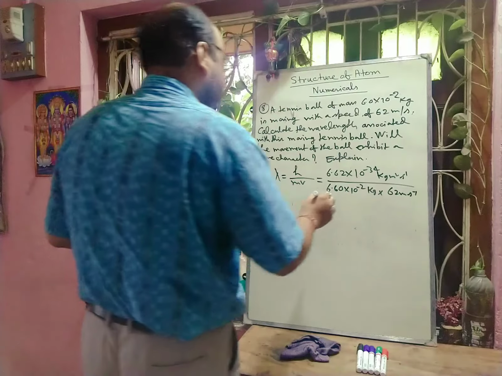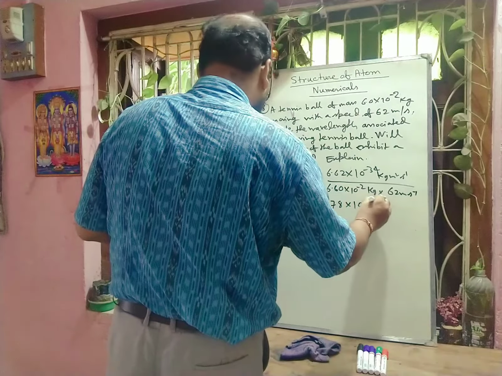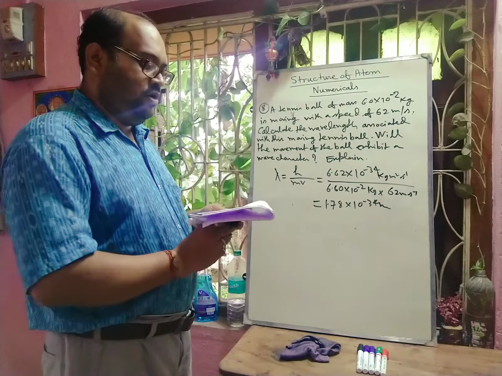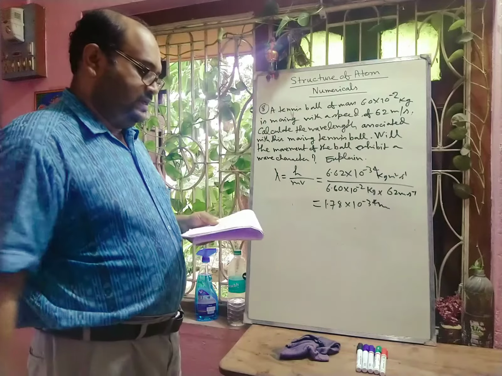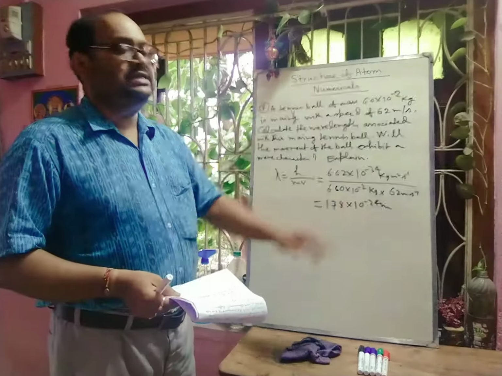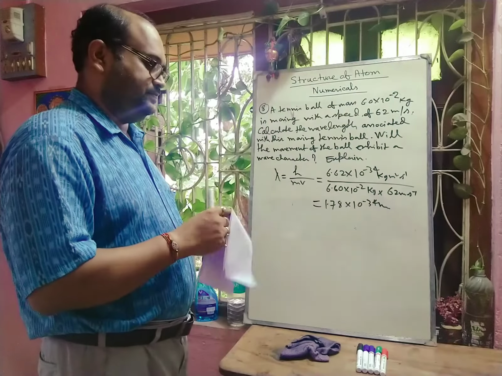If you calculate, you will get 1.78 into 10 to the power minus 34 meter. So the movement of the ball will not exhibit wave character because the wavelength is too small, that is 10 to the power minus 34 meter. So that will be your answer.